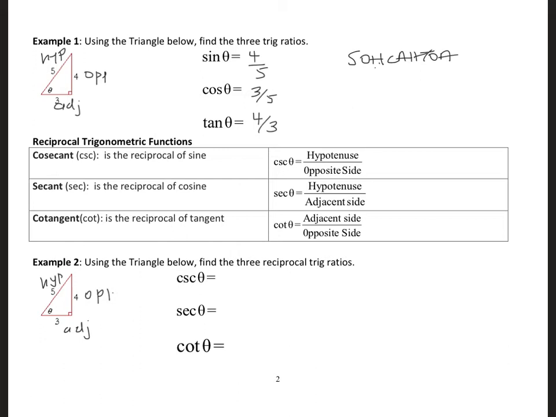Remember, cosecant is given by hypotenuse over opposite, so it's going to be 5 over 4. Secant is given by hypotenuse over adjacent, so that's 5 over 3. And then cotangent is given by adjacent over opposite, which is going to be 3 over 4.